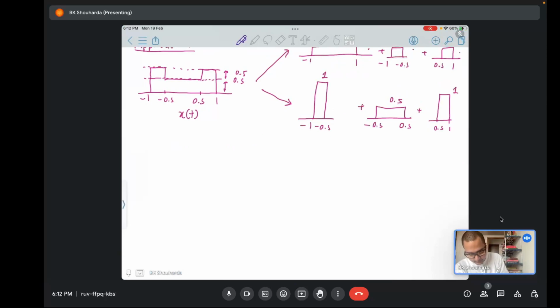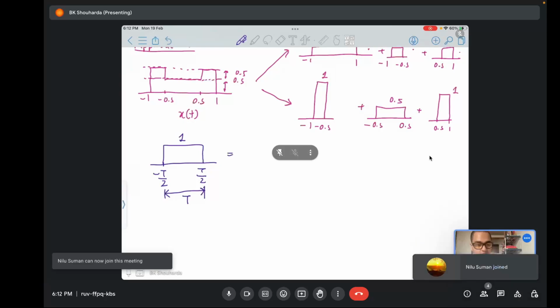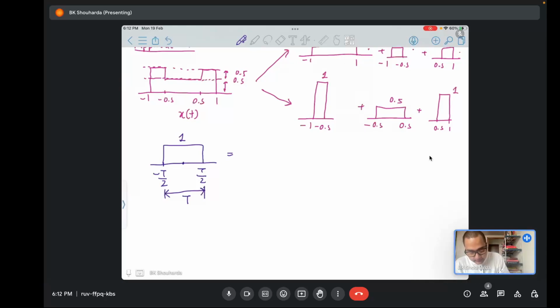So let's rewrite that over here. We have -T/2 to T/2, which means if we have a rectangular pulse with amplitude 1 and with a pulse width capital T, centered at 0, okay, note this is centered at 0.